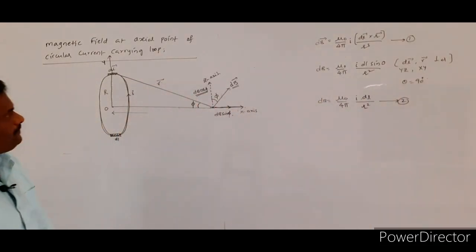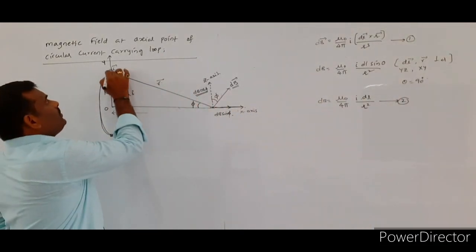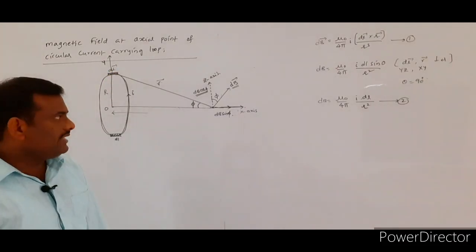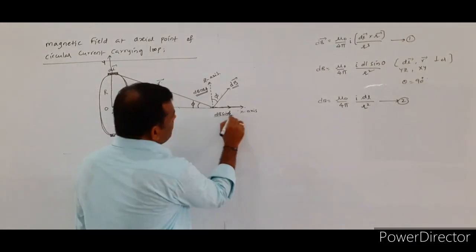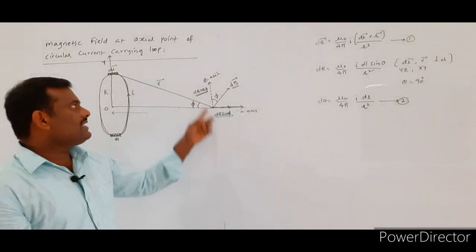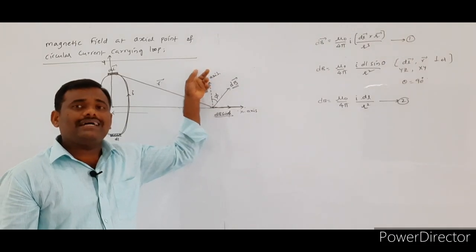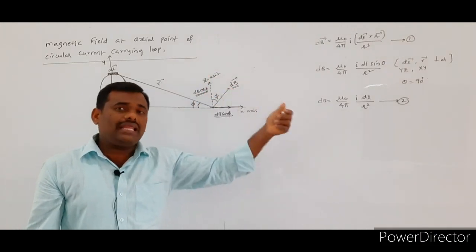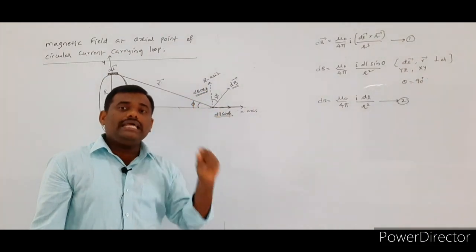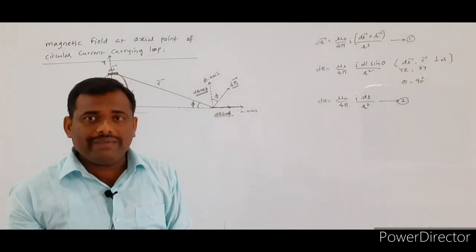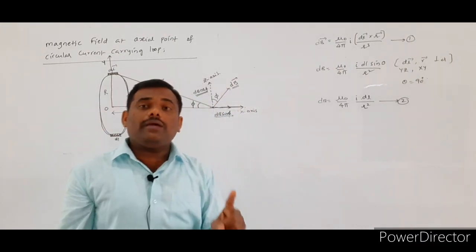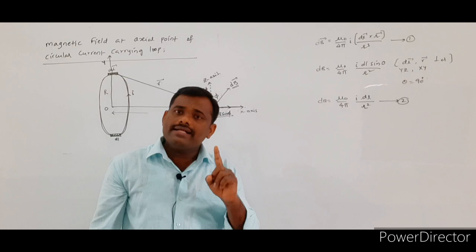Now coming to here, if you consider only the small element dl, some component of magnetic field will be acting along the x-axis and the remaining component will be acting along the z-axis. By the symmetry we told which components are getting cancelled out? dB cos phi components are getting cancelled out.